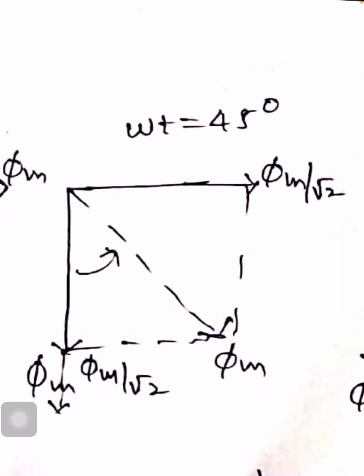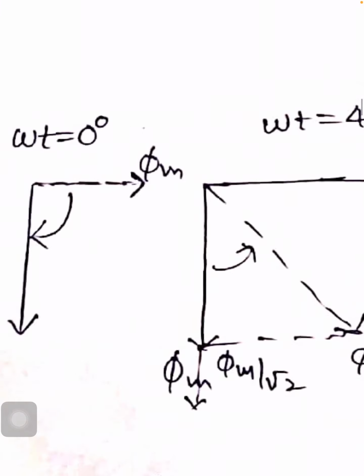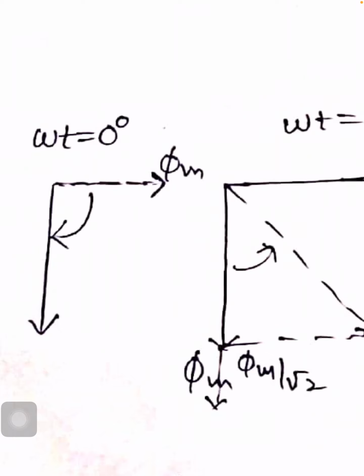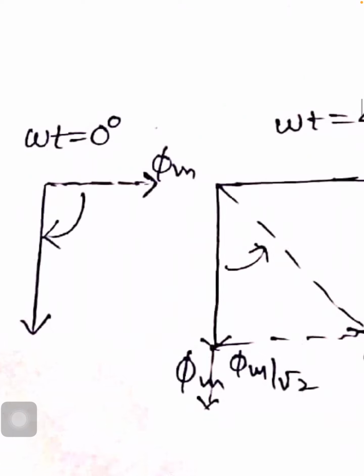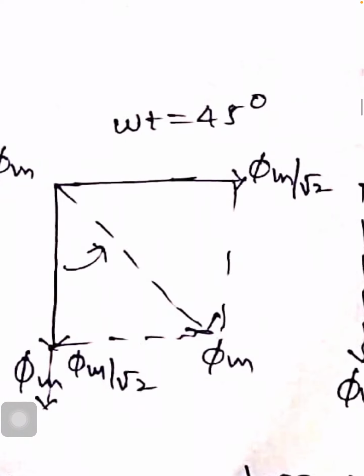So now see here, from ωt equal to 0 degrees to ωt equal to 45 degrees, what is the position of the resultant flux? It is always changing. In the case of ωt equal to 0, it is here, but in the case of ωt equal to 45 degrees, the position of the magnetic field has changed from the starting point.